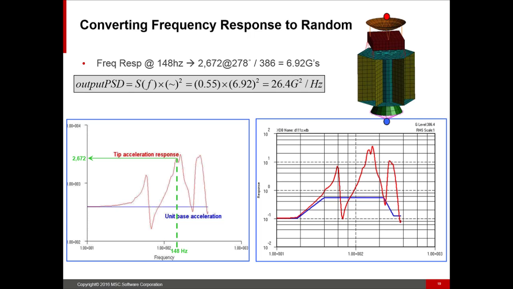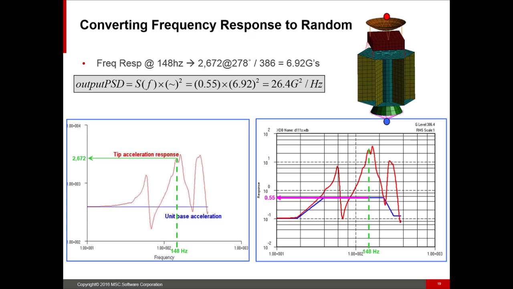If we want to go farther and see what the output PSD is for that satellite, what that sensor is, again, whatever we figure out from this analysis might be passed on to perhaps the person working on the sensor up there. We can figure out what it is at a particular frequency. So we can look at the response output, see 148 hertz. We see what the input is.